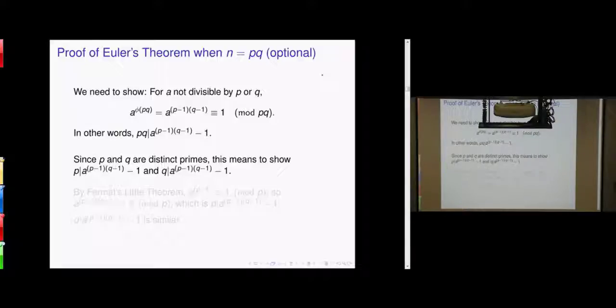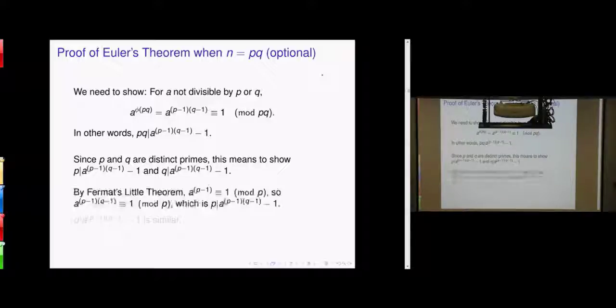I use a small fact about natural numbers: if p divides this number, q divides this number, and p and q are distinct primes, then p times q divides the number. So I want to convince you that p divides this funny number, and q divides this funny number.